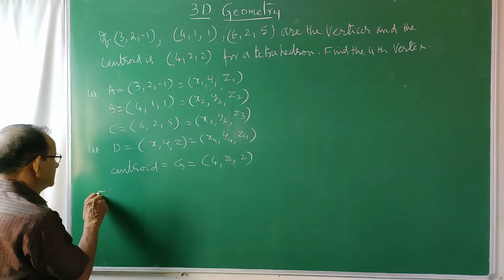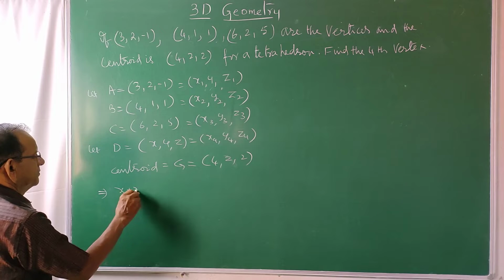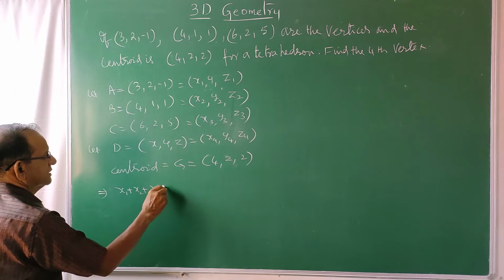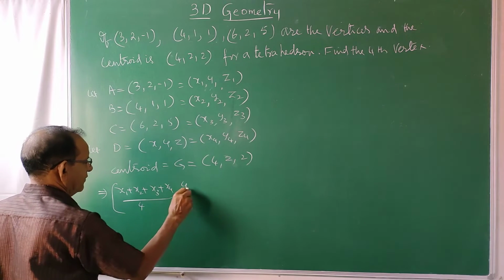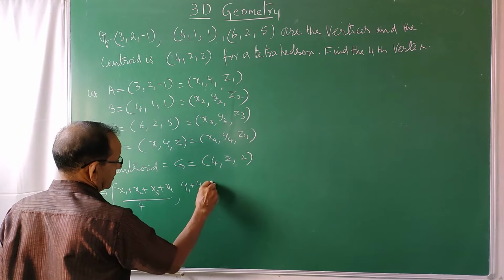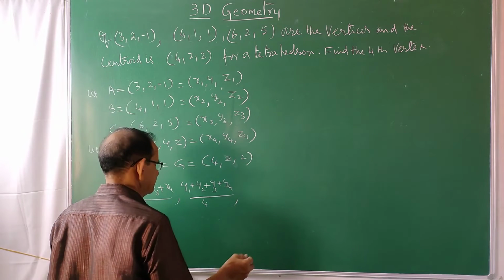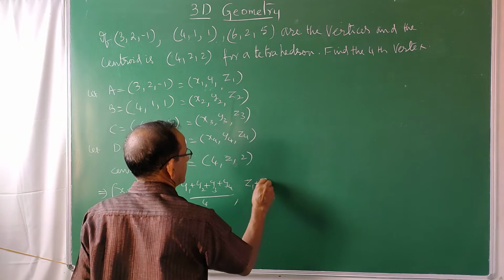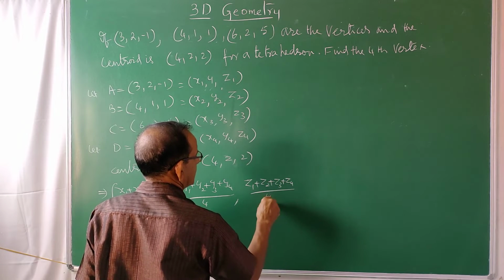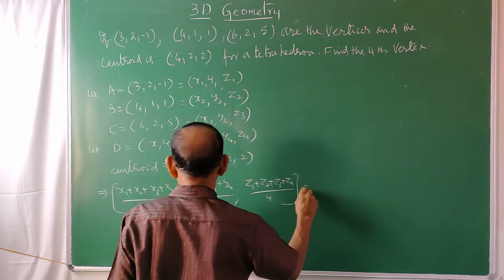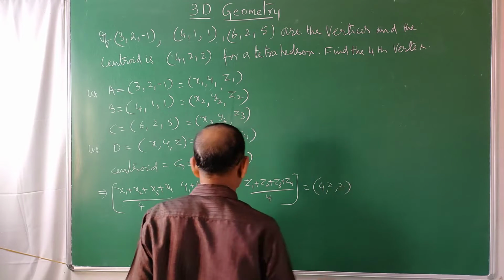That implies centroid is equal to x1 plus x2 plus x3 plus x4 by 4, y1 plus y2 plus y3 plus y4 by 4, z1 plus z2 plus z3 plus z4 by 4 is equal to 4, 2, 2.